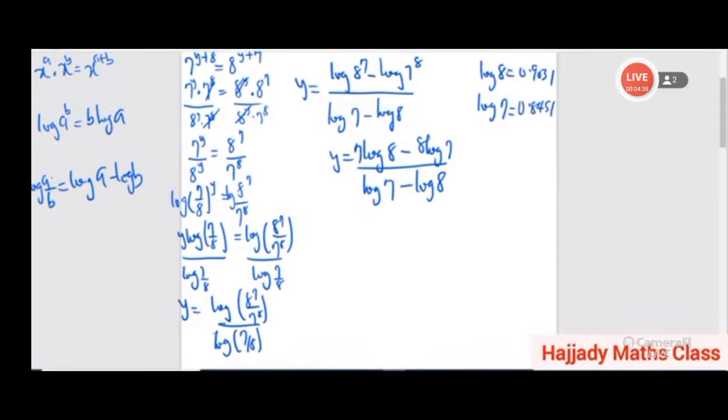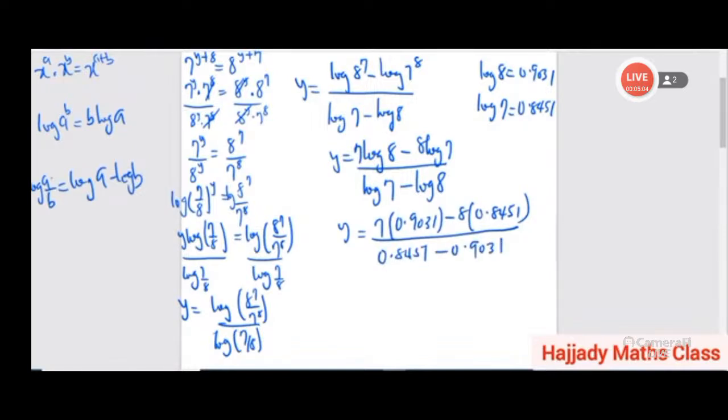So my y is going to be 7 into bracket 0.9031 minus 8 into bracket 0.8451 over 0.8451 minus 0.9031.